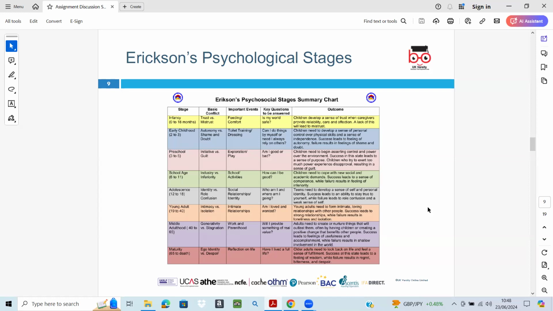And the last bit is related to maturity, right? It's related to old age, from year 65 and older. In this final stage, older adults reflect on their life and achievements, and these are all the important aspects related to Erikson's psychological stages.